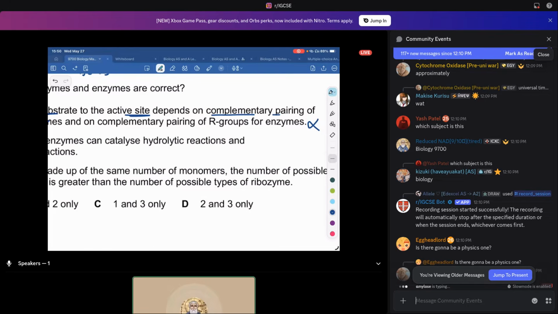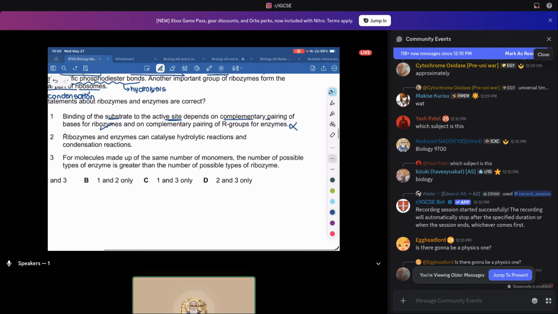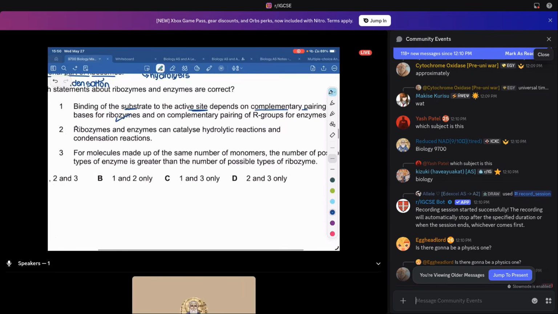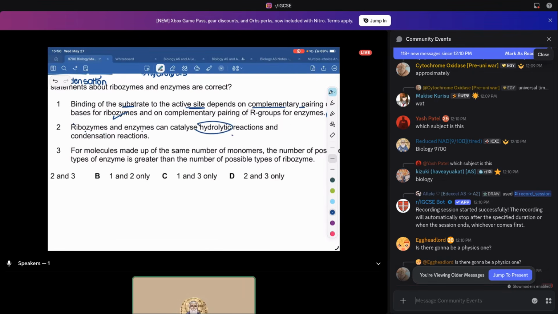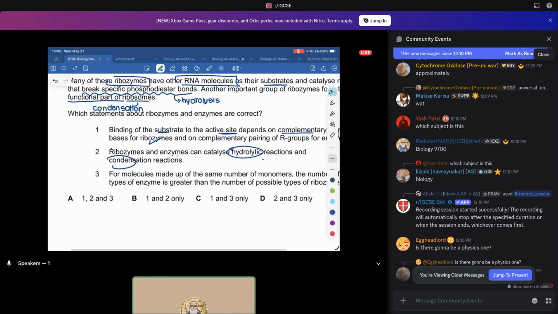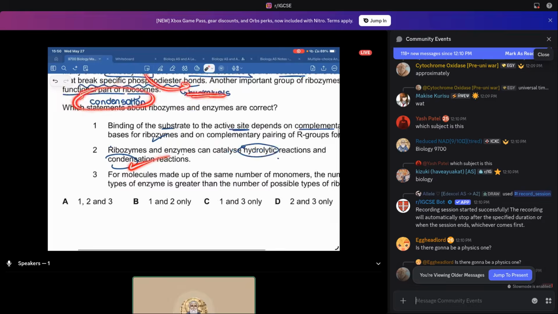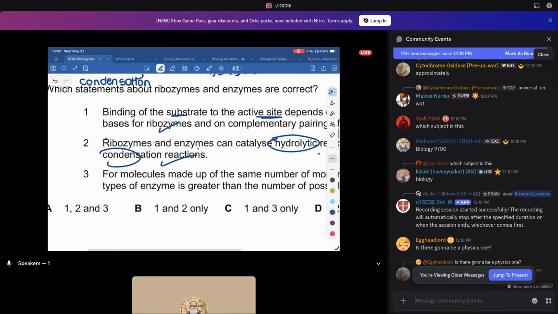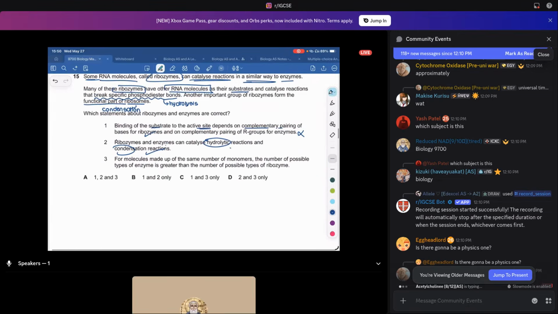So this is wrong because it brings our own assumptions into the question. The assumption that there is a protease. Ribozymes and enzymes can catalyze hydrolysis and condensation. We just saw the ribozymes catalyzing hydrolysis and condensation. So of course, this is correct.